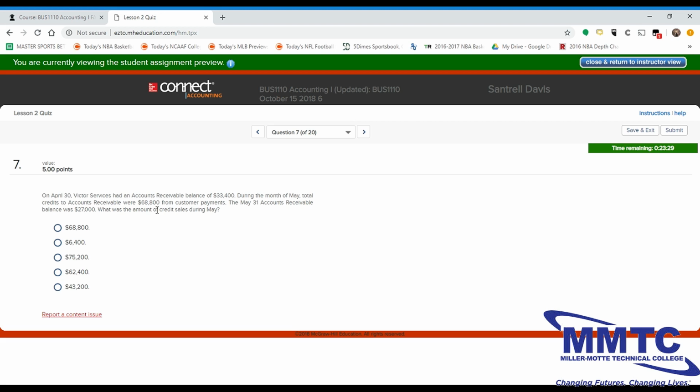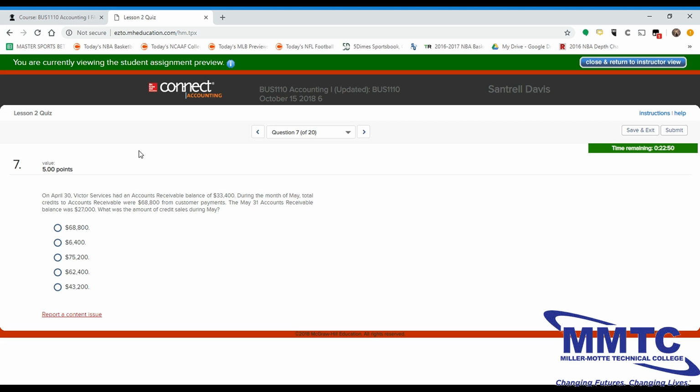So this is just another funky little math equation. The beginning accounts receivable balance was 33,400. It's saying that we took payments of 68,800, so let's subtract that. 33,400 is what we started with, minus 68,800, gives negative 35,400.